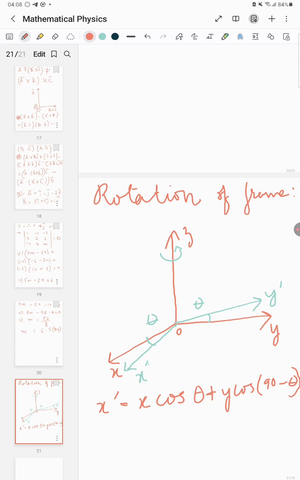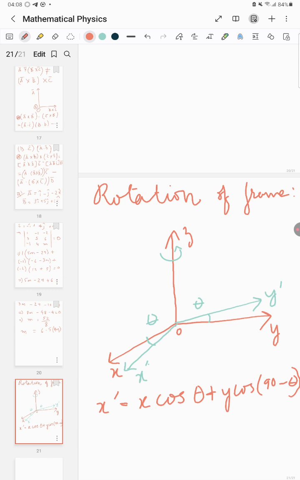Initially the angle between X and Y was 90, because X, Y, Z are an orthogonal coordinate system. So the angle between XY, YZ and ZX is nothing but 90 degrees each. Now as we shift X from X to X prime, the angle between original X and X prime is theta, and the angle between original Y and X prime will be nothing but 90 minus theta.